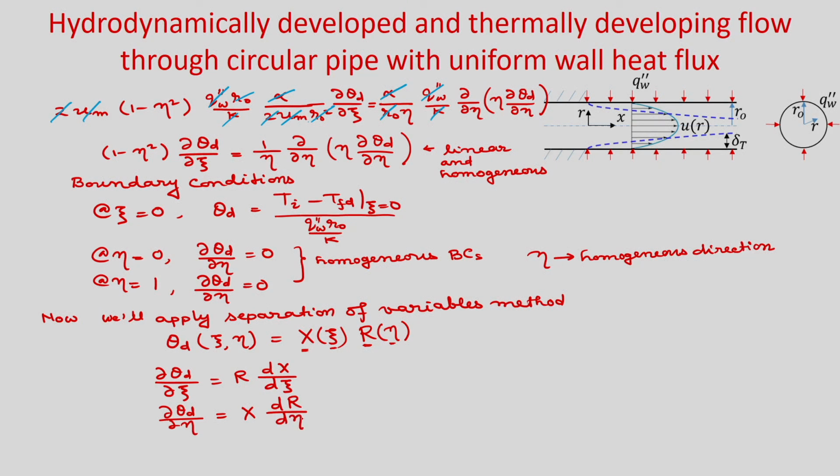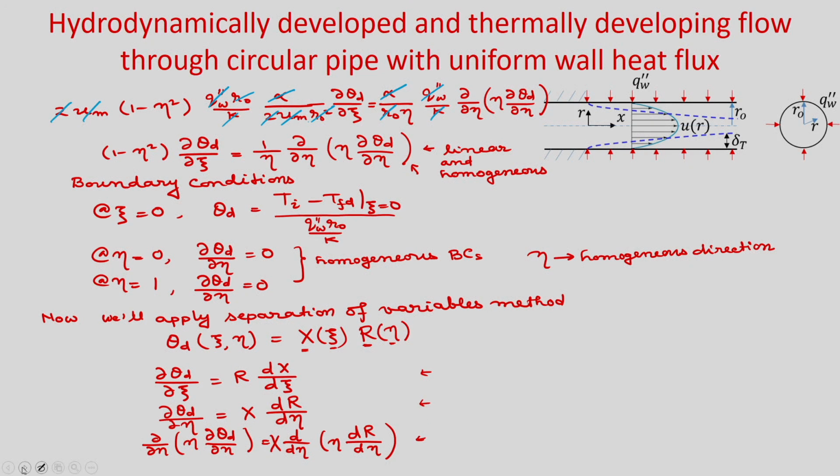Okay. So, similarly, if you write del of del eta, eta into del theta d by del eta, then it will be just d of d eta into eta dr by d eta and one x will be there. Okay. So, all these derivatives you put in this equation.